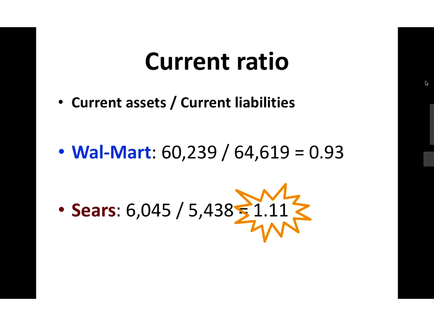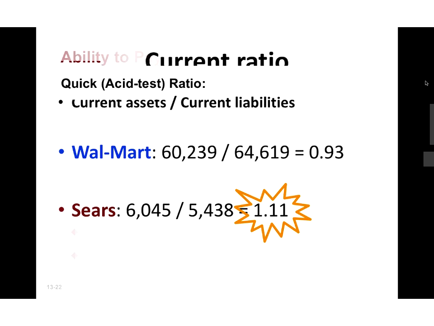Now you can never judge a company based on one measure, because if we were to stop right now, we could say, well, Sears is the better company. But that's not right. We're going to see some problems coming up. You actually have to look at a bunch of things to make a conclusion.